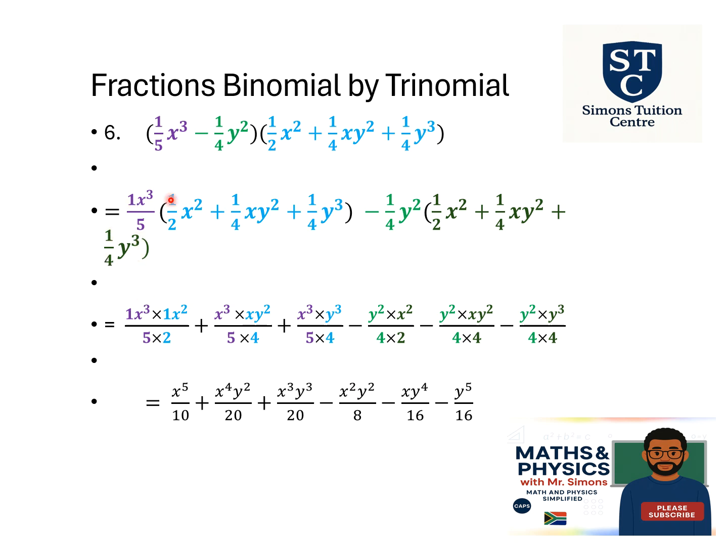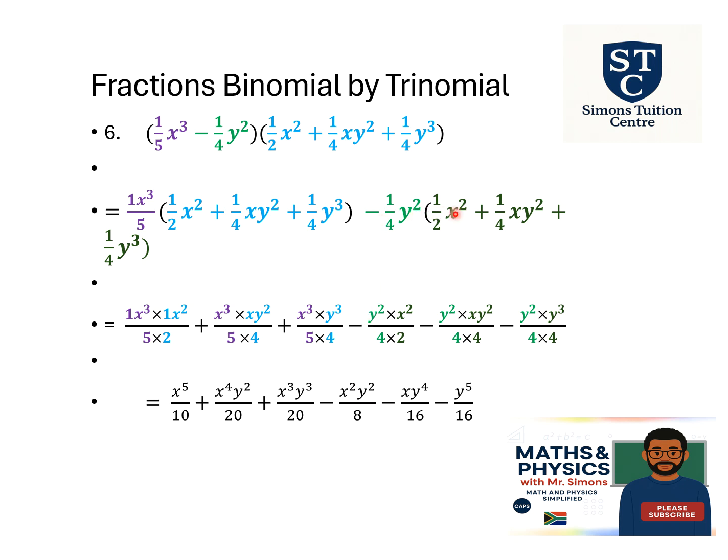Right, so 1 times 1, so 1 x cubed times 1 x squared, 5 times 2. 1 x squared times 1 xy squared, 5 times 4. 1 x squared times 1 y squared, 4 times 5. Negative times positive, negative.